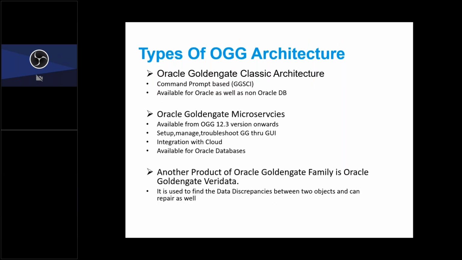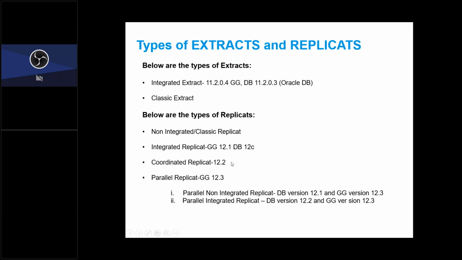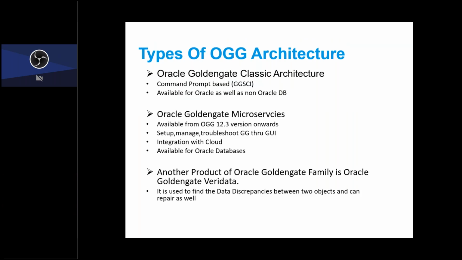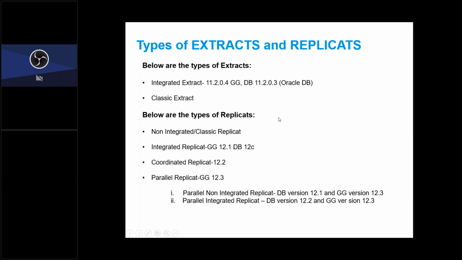Under classic architecture, you have different types of extracts and different types of replicates available. Similarly, under microservices architecture, you have different types of extracts and replicates available.